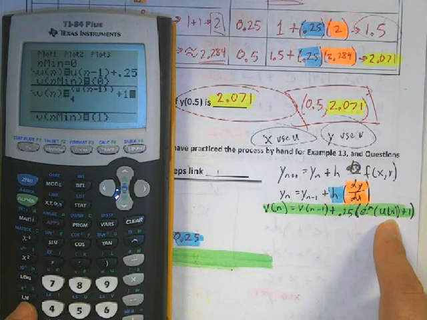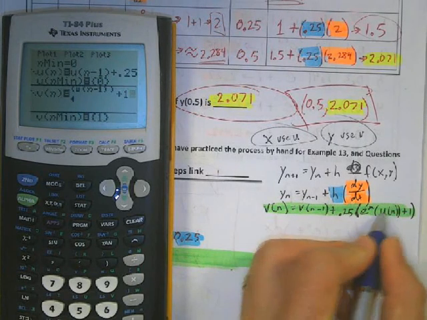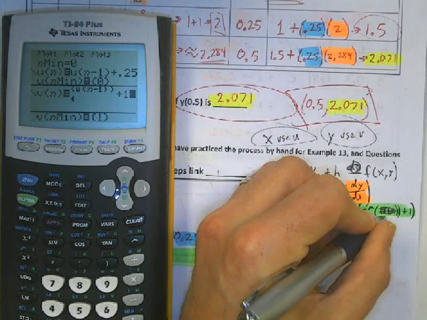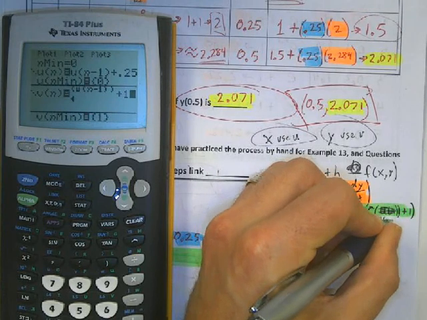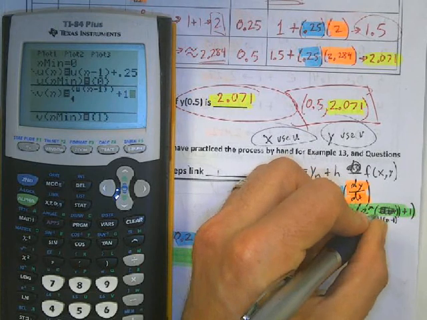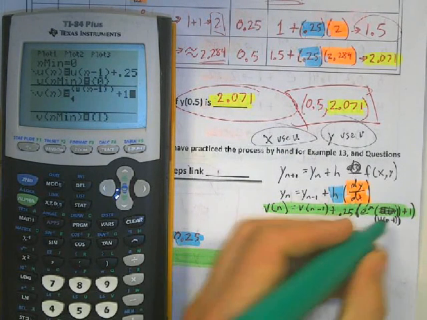Okay, so I made a mistake here. Good thing we're doing this together. This should be u parentheses n minus 1, not just n.